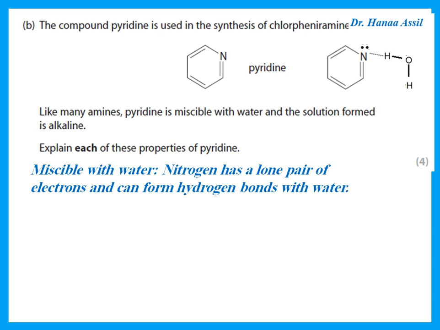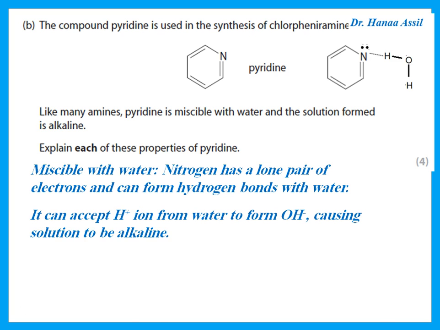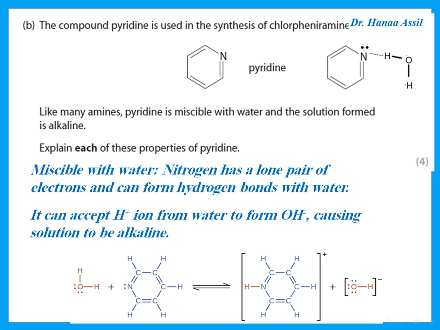So it will dissolve in water. Now, why is this solution alkaline? This is because this nitrogen group can accept an H plus ion, so it breaks up the water, it takes the H plus ion, and it leaves OH minus in solution, causing it to be alkaline.